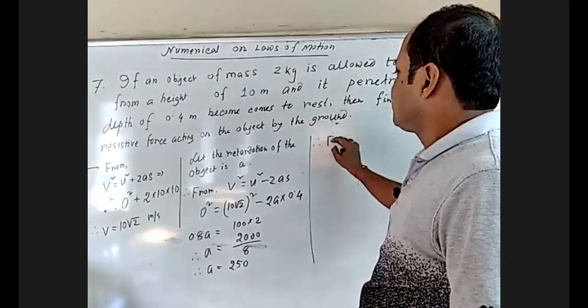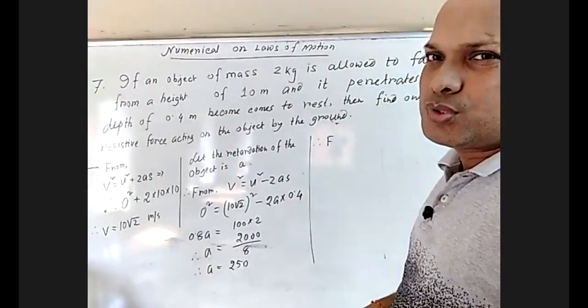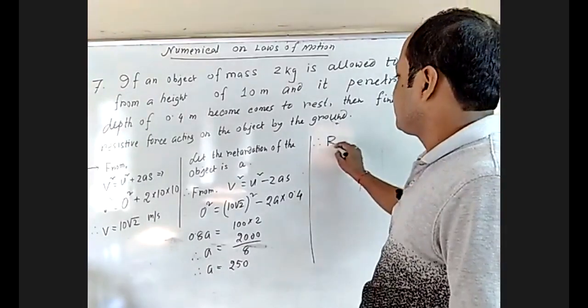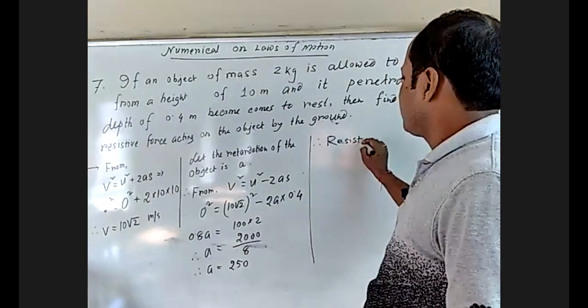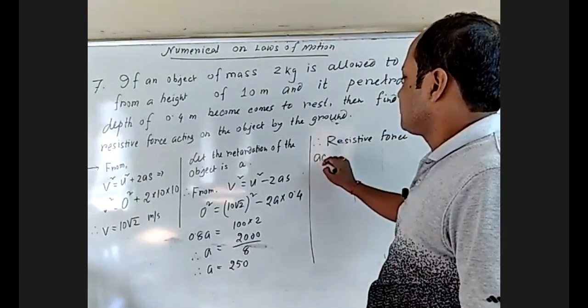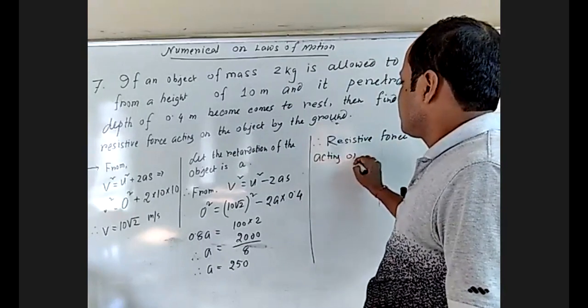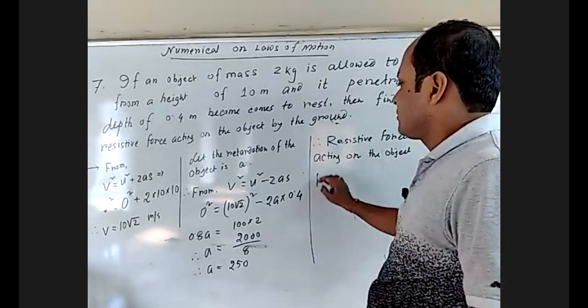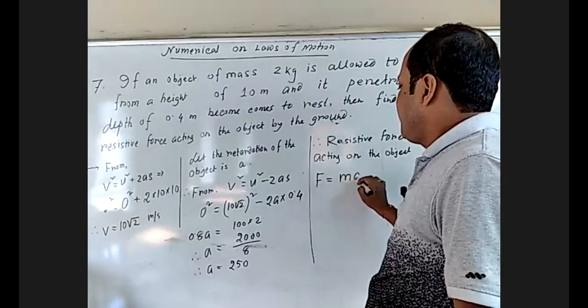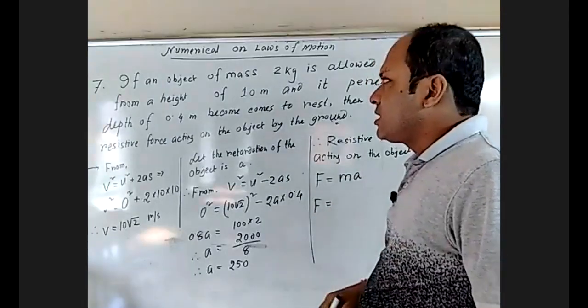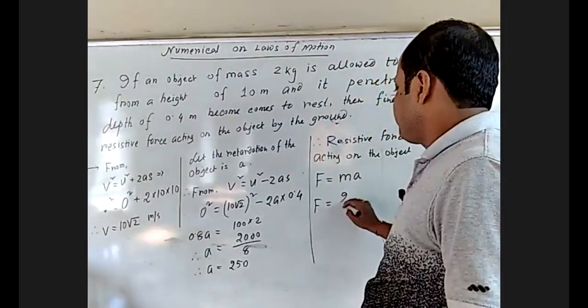Therefore, the resistive force acting on the object, F equal to ma. What about mass? 2 kg.